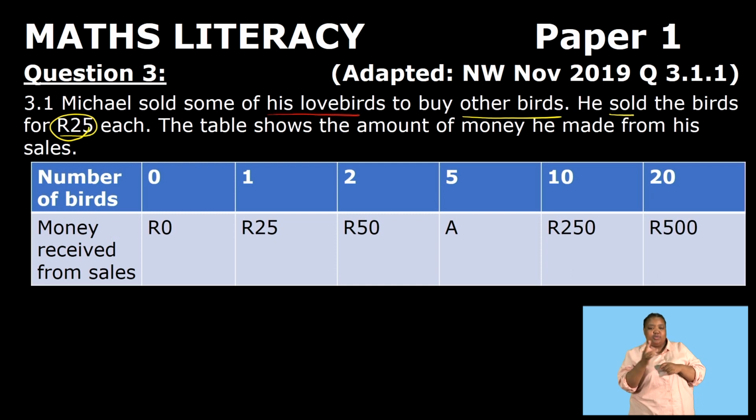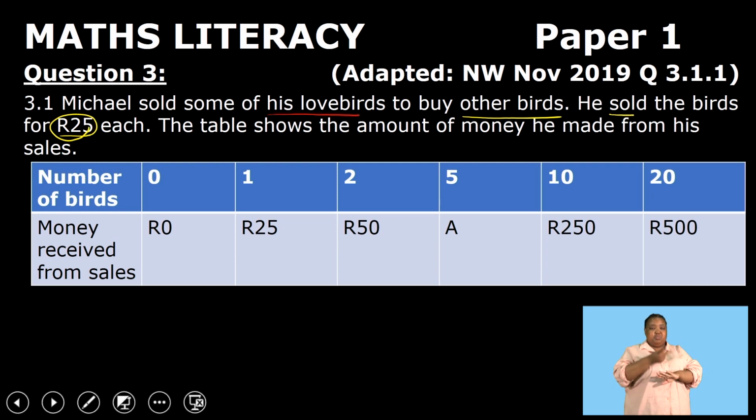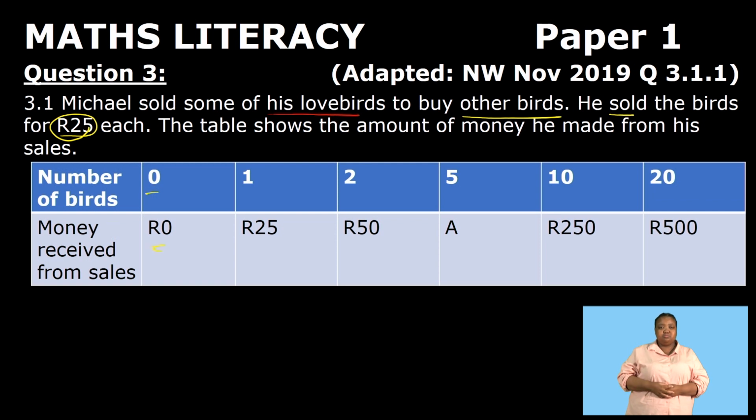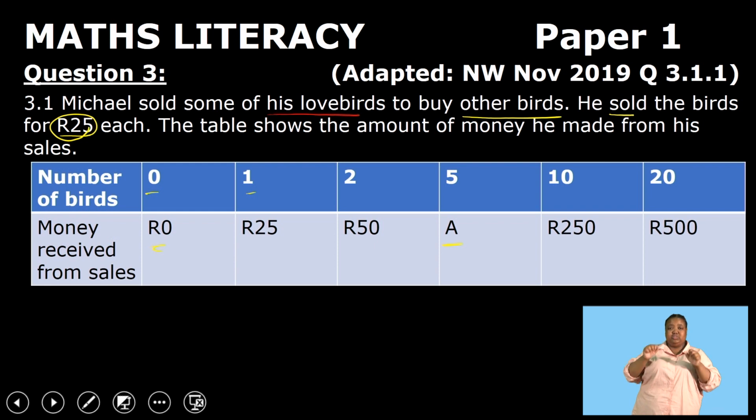The table shows the amount of money he made from his sales. So this is the table, and we can see that when he sold 0 birds, there was no income. So he only received income when he started selling the first bird. Then we also have a missing value. It's a value of A.